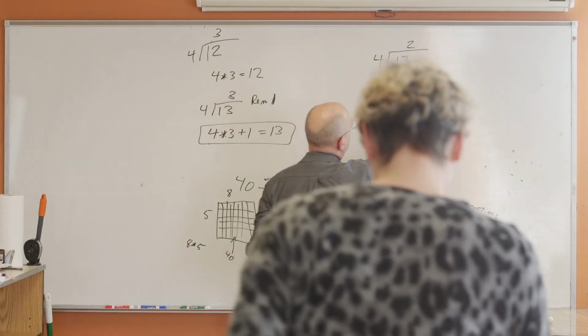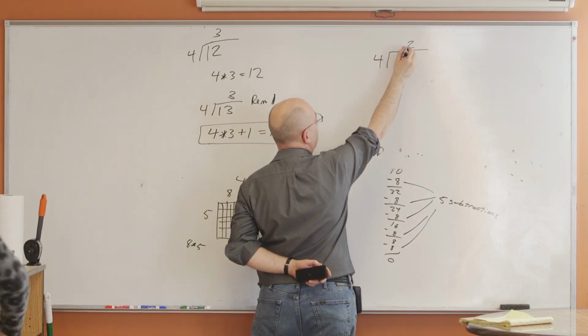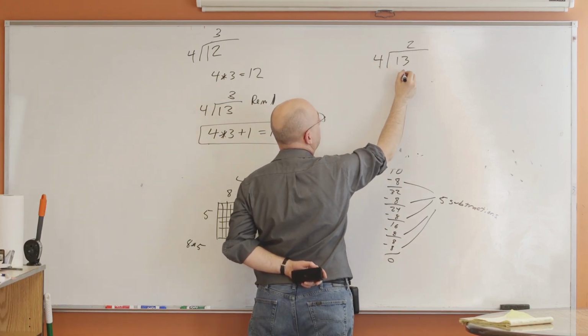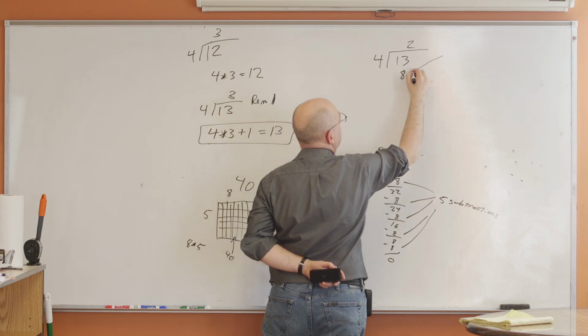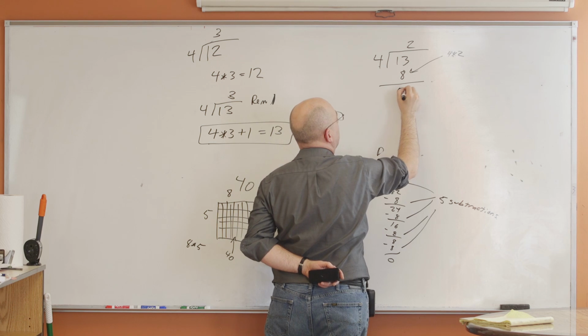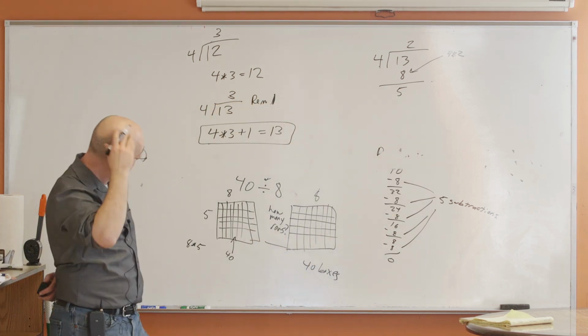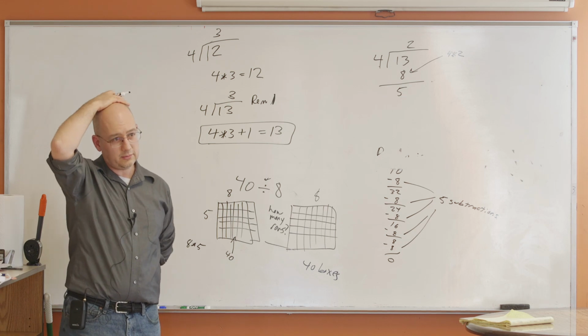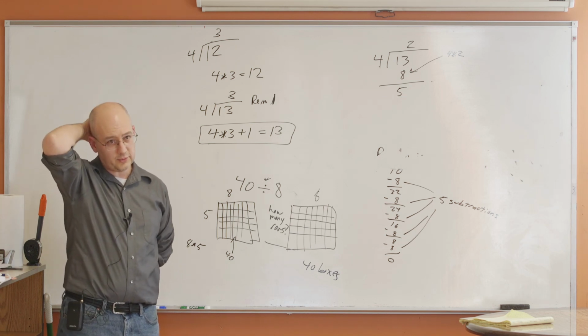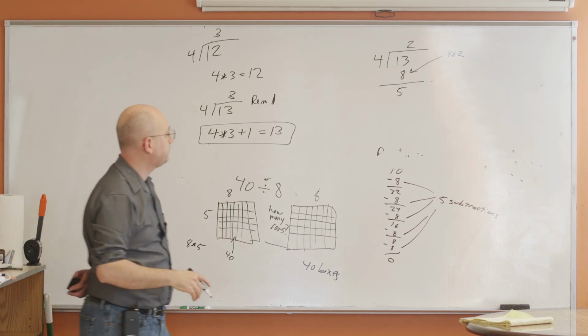The reason why we write this stuff this way is because we'll do 2 times 4, and we'll write 8. So this is 4 times 2, and I have 5 left over. Now, 5 is bigger than 4, right? So I've still got $5, which means I can give another round of $4 out.